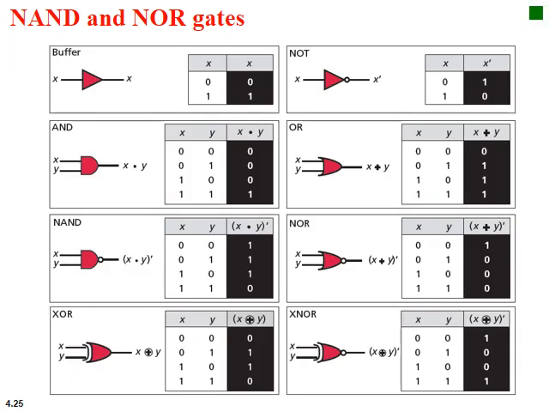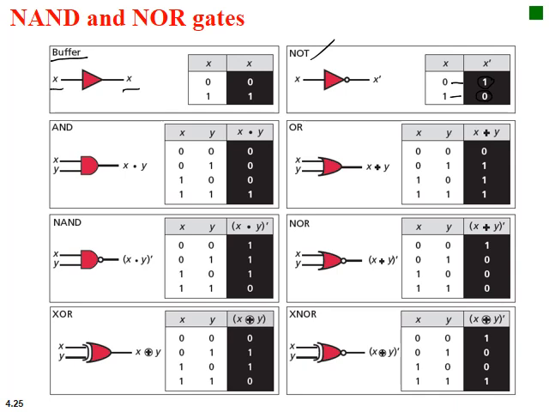So here's just the summary. A buffer in this case simply means whatever the input is, the output is the same. We already know the NOT gate: if the input is 0, then the output will be 1. If the input is 1, then the output will be 0. And same for AND.